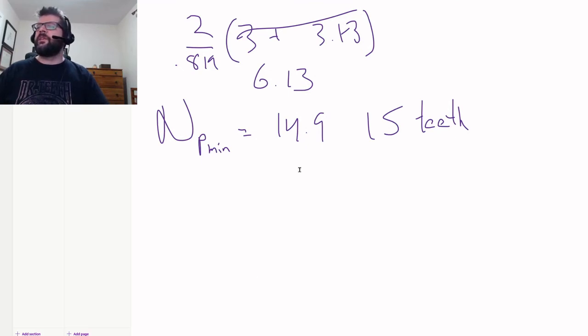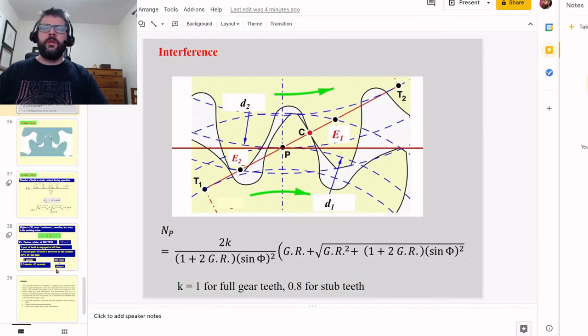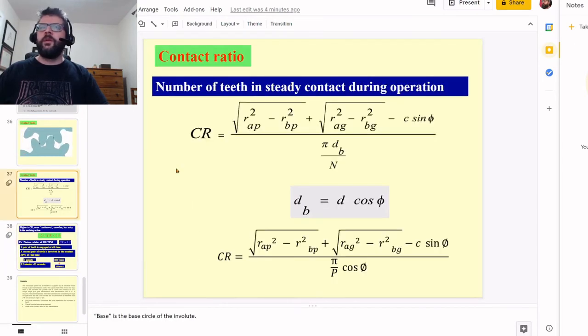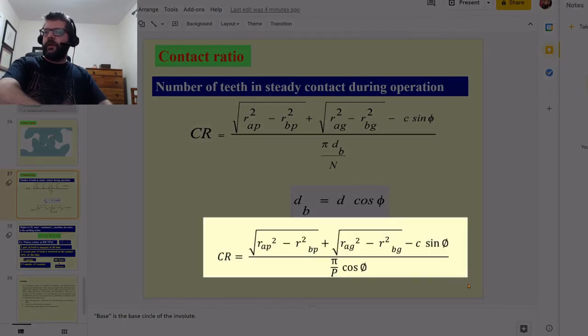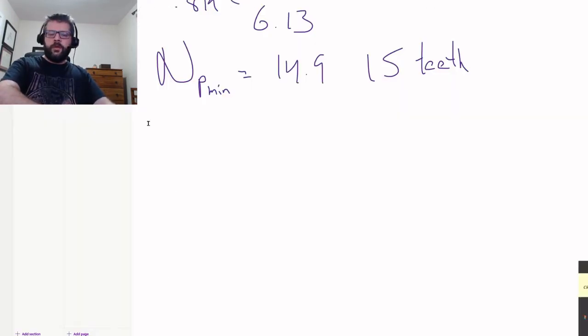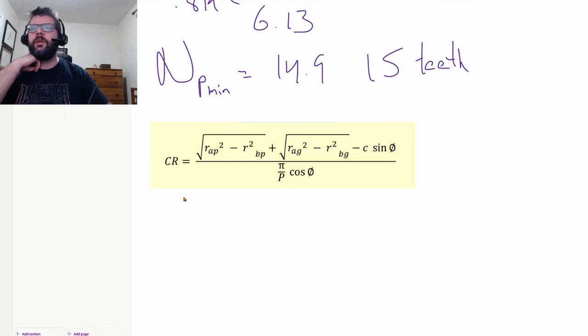So checking that, and then the contact ratio. So our contact ratio, again, screenshot this and drag it on down. Okay, so we are going to look at the radius of the pinion.